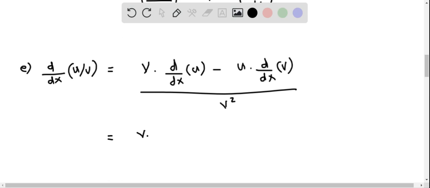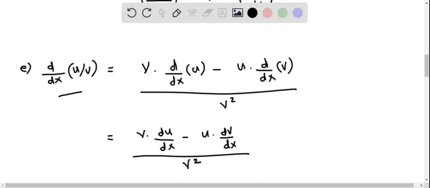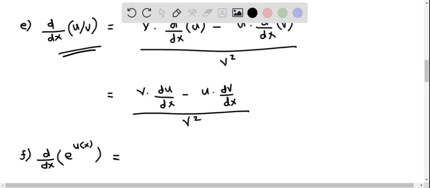So this equals v times du over dx minus u times dv over dx, all over v squared. So the differentiation of u over v is v times du over dx minus u times dv over dx, all over v squared.